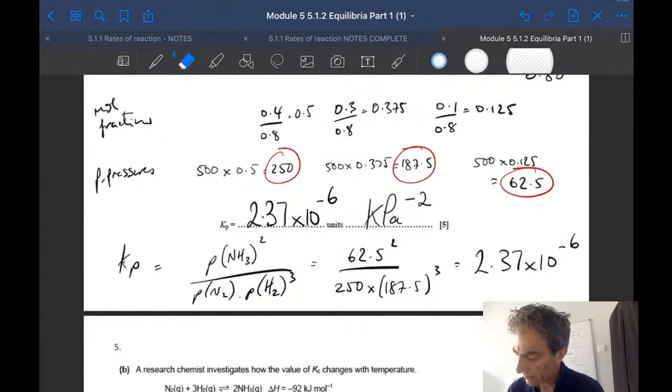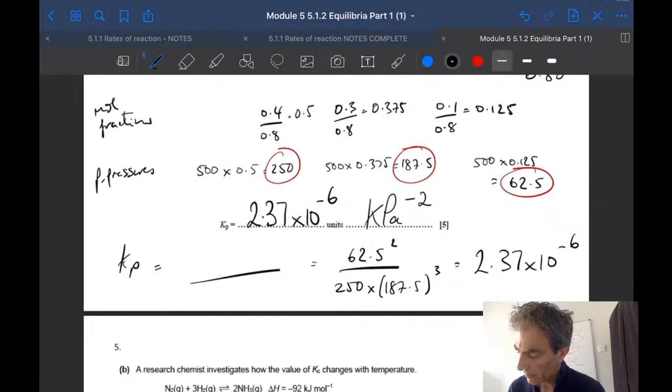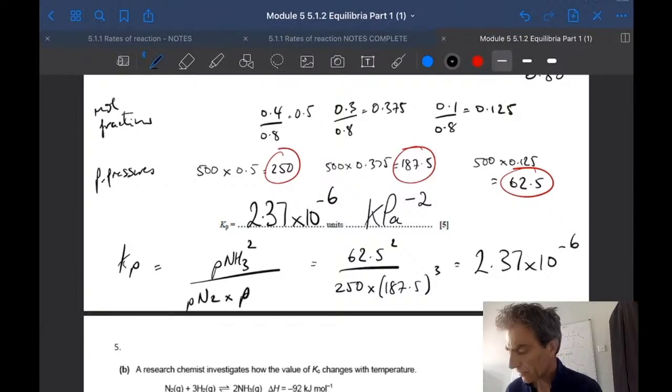So I'll rub them out, and I'll just do it all again. If you prefer to not use brackets, I'm happy with that. So it's the partial pressure of NH3 squared, just feels weird to me, times by the partial pressure of N2 times by the partial pressure of H2 cubed. Okay?